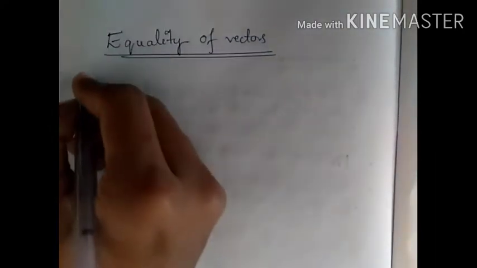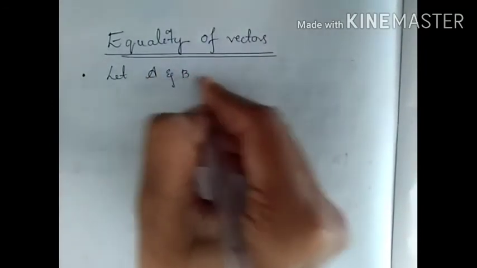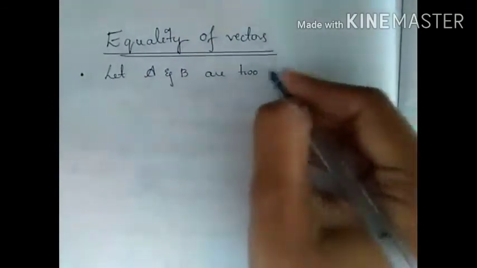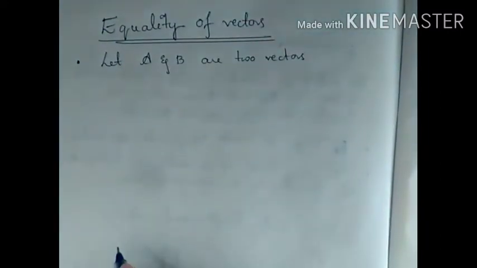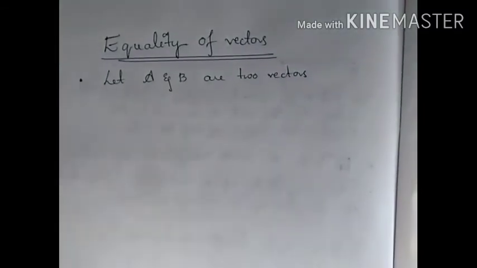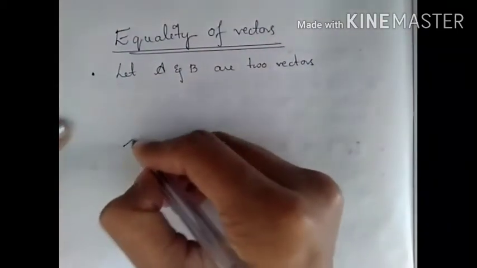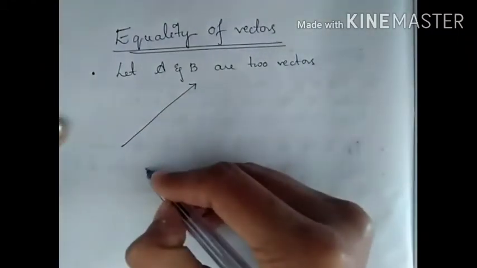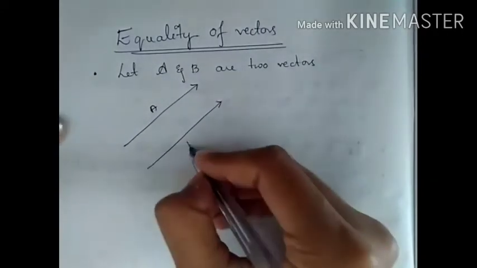Let's suppose you have 2 vectors A and B. You can say these 2 vectors are equal if and only if they have the same magnitude and same direction. So let me denote the 2 vectors, vector A and vector B.